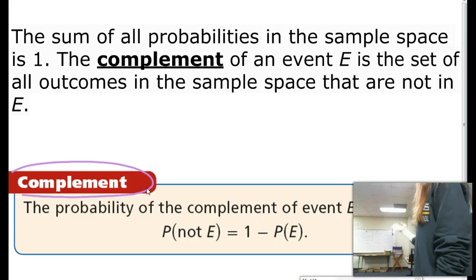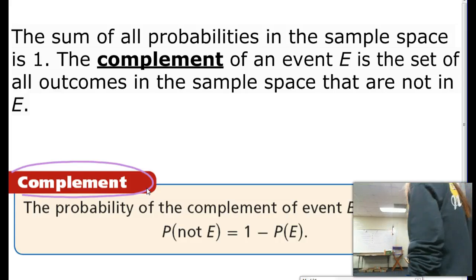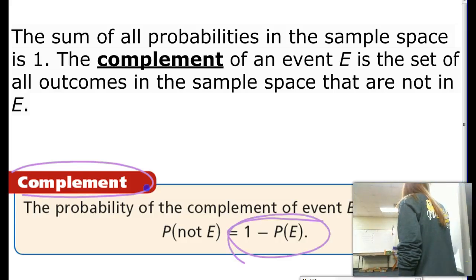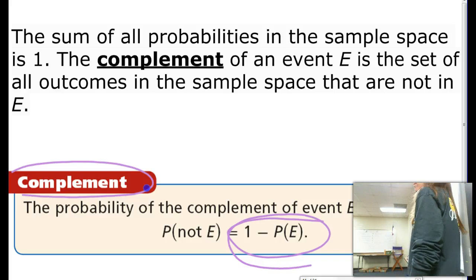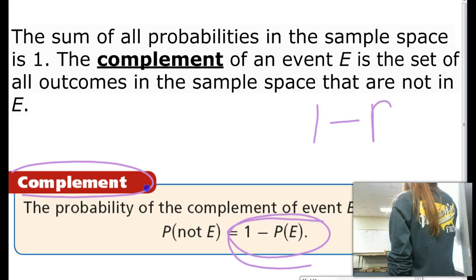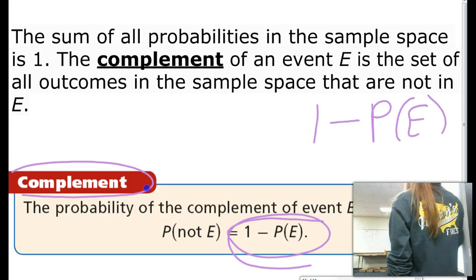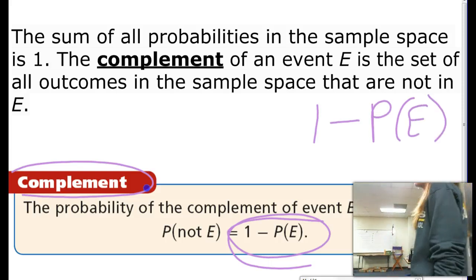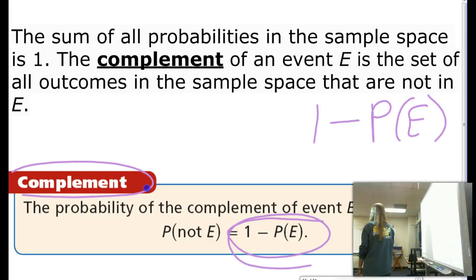Well, you would find the probability of rolling a 6, and you would subtract it from the total number, 1. Always 1, because 1 is the most it could be. So the complement, this is what I would write down: the complement is 1 minus the probability of the event happening. That's called a complement. Kind of like complementary angles. You subtract it from 90. This time we're subtracting it from 1.